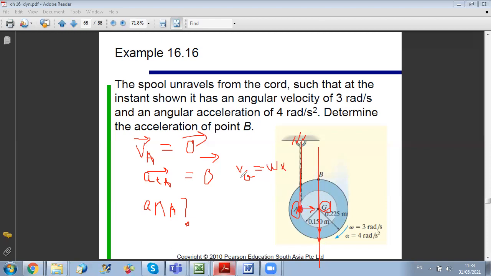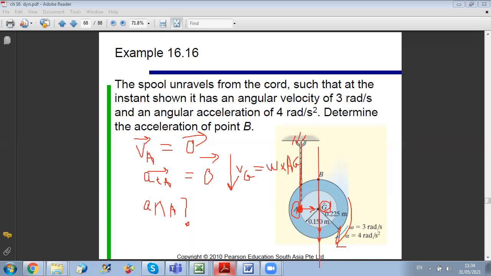So V of G is omega times AG as magnitude. And it's directed downward because omega is clockwise. So as the cord will move clockwise, G will go down. So VG is downward and it's equal to omega times AG.